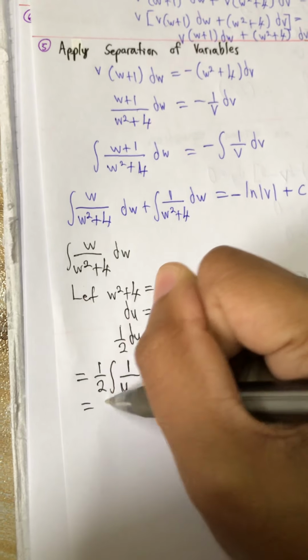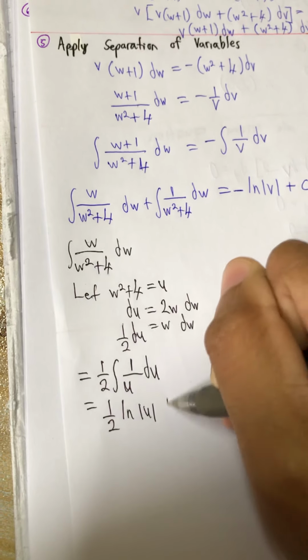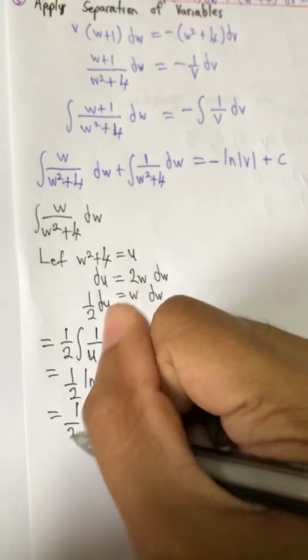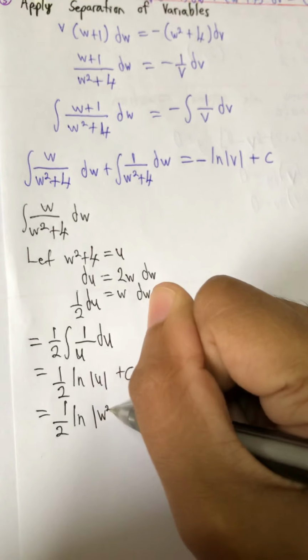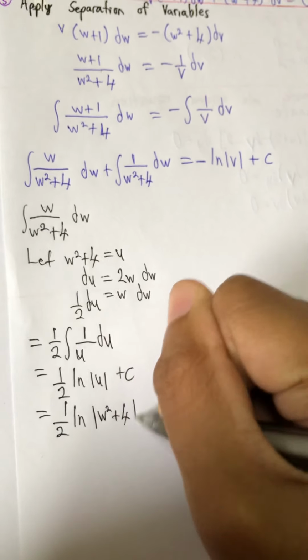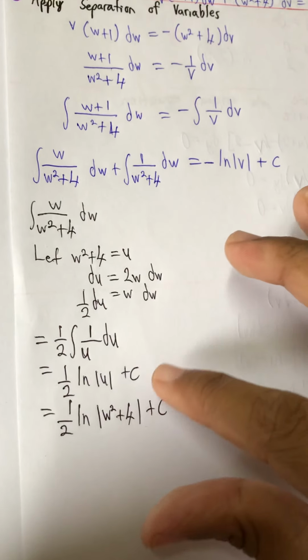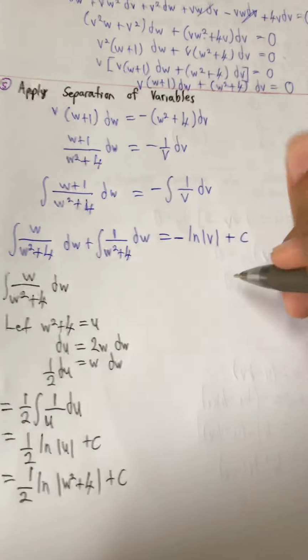So it will become 1 over 2 ln u plus c, and our u here is w square plus 4, so substituting it, it becomes 1 over 2 ln (w square plus 4) plus c. So we are done with the integration of this part, and we move to the integration of the other one.